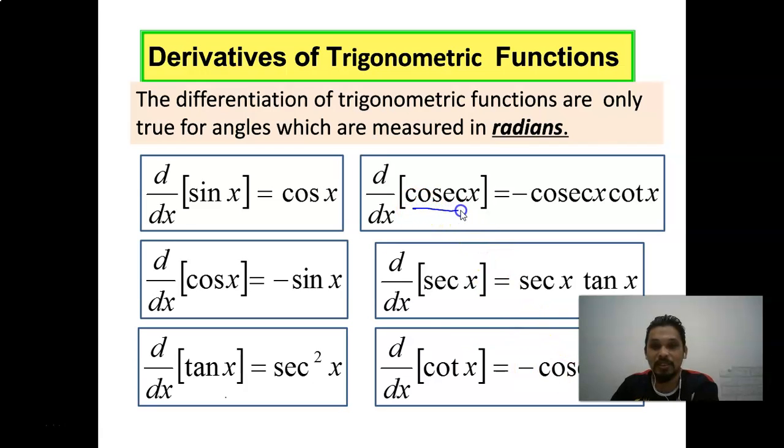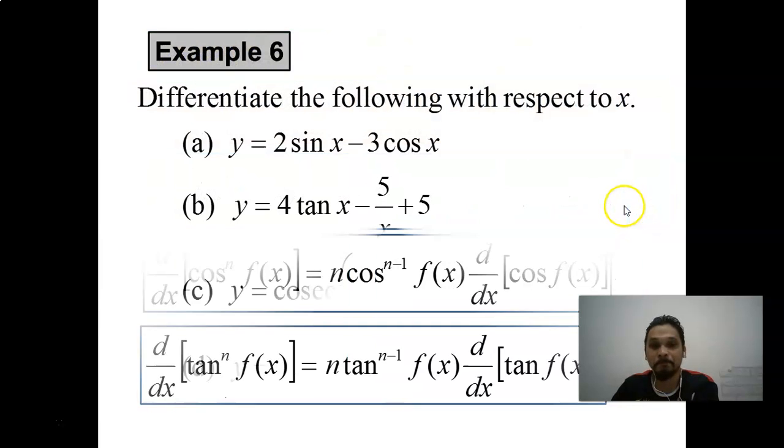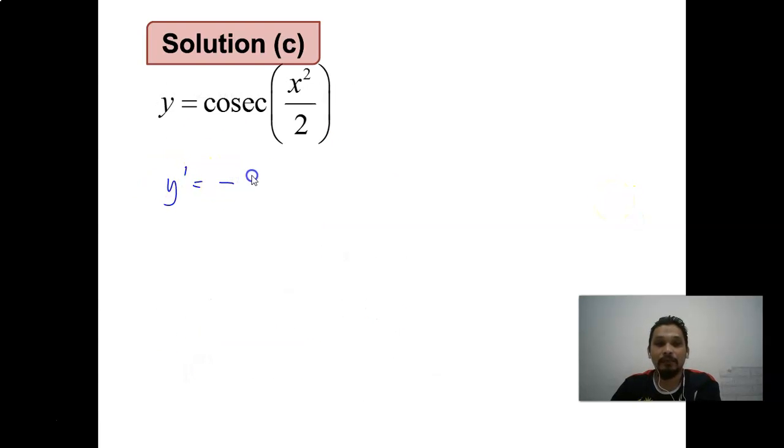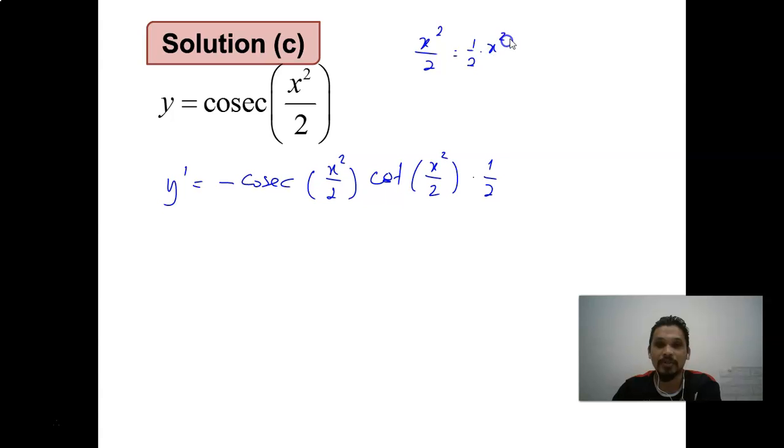Differentiate cosecant: negative cosecant x cotangent x. Okay, now negative cosecant of x squared over 2 times cotangent of x squared over 2, and don't forget to differentiate the function inside, which is 1 over 2 times x squared.